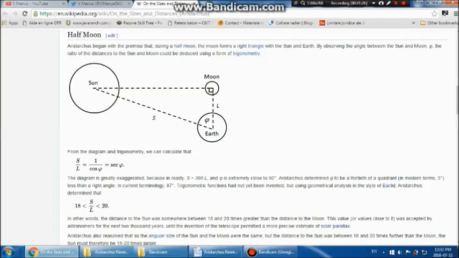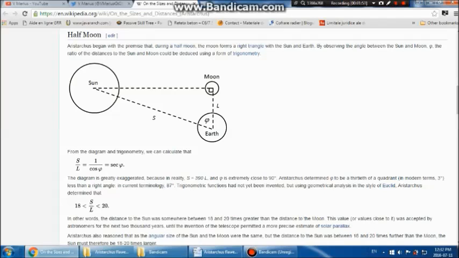The second observation is a measurement that he did to measure another angle, the angle denoted by the symbol phi, which sits inside the Earth circle. The angle between the Moon, Earth and Sun, he measured it to be close to 90 degrees, to be more exact 87 degrees.